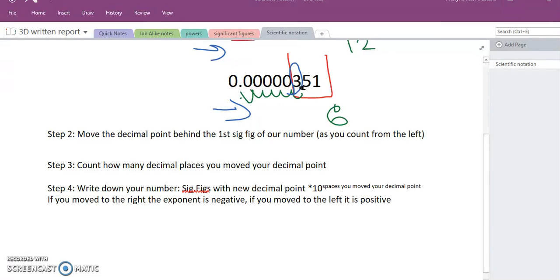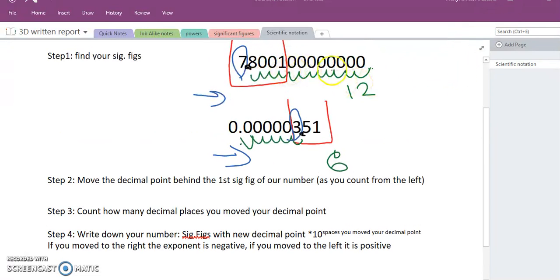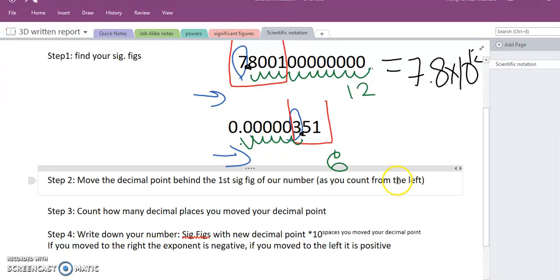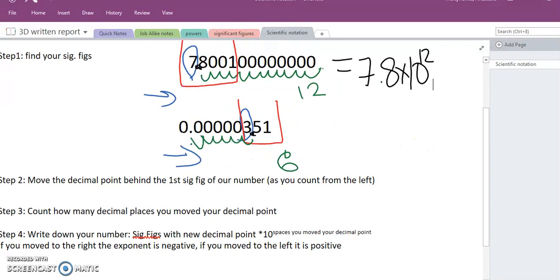So in the case of the big number, I had 7.8 times 10 to the 12. So this is 7.8 times 10 to the 12. And it is 12 because I have moved to the left.